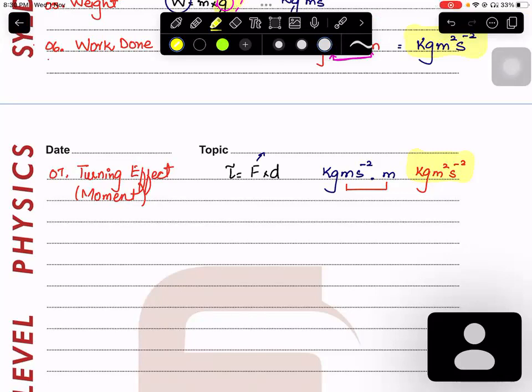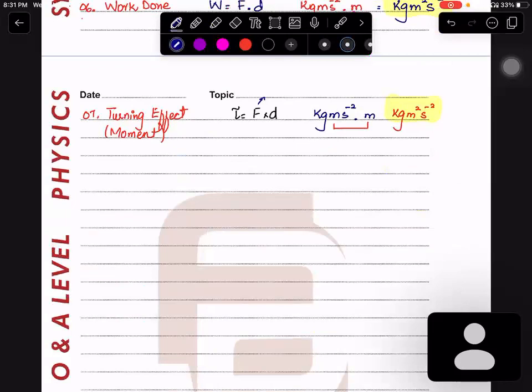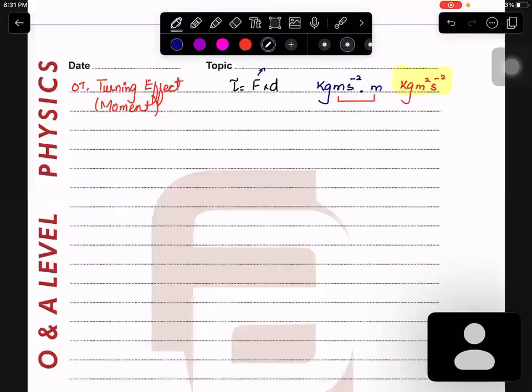Now the next formula which we have to solve is pressure. Pressure is given by force over area. Can you both solve this for the basic unit of pressure?